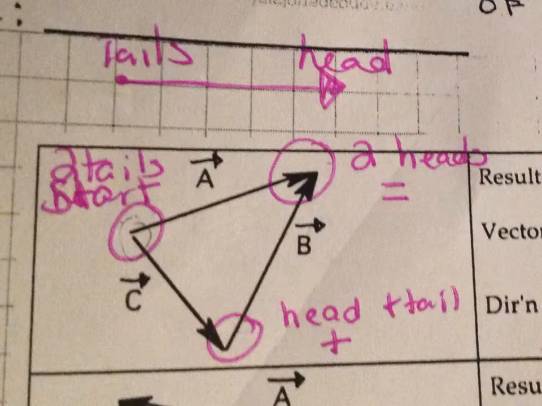Okay, so when we're trying to figure out the equation based on a picture, we're going to look at each of the corners of our triangle. Where we have two tails together means that's where we start. Two heads together is where we're going to put our equal sign.